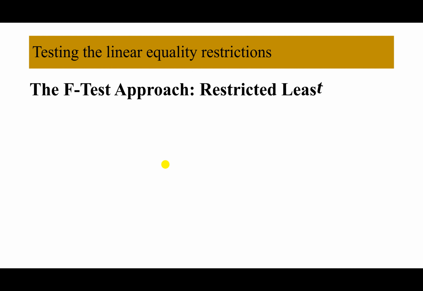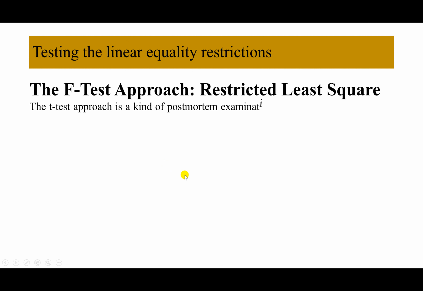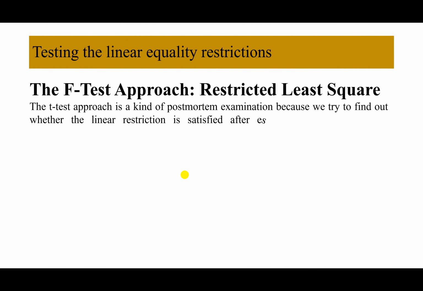So now let's discuss the F-test approach. In this approach, we will have to use two types of regression results. One is called the unrestricted regression result and another is called the restricted regression result.